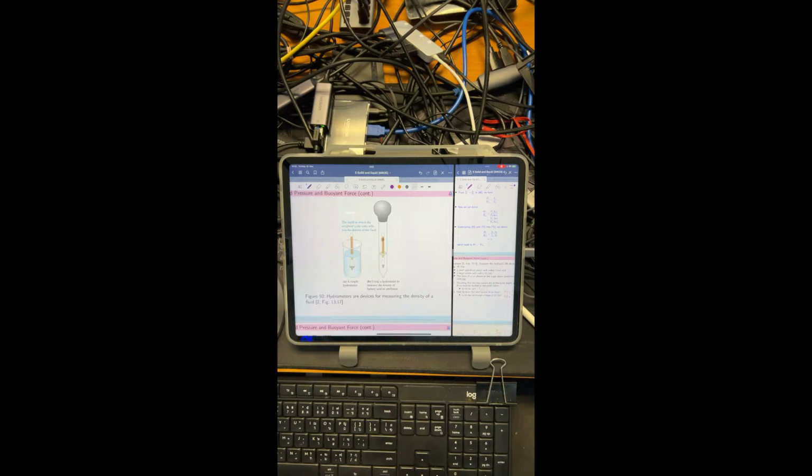This device is going to fall down, and you can use this hydrometer to measure the condition of that chemical substance inside your battery.